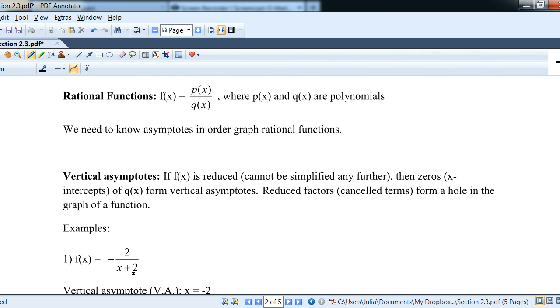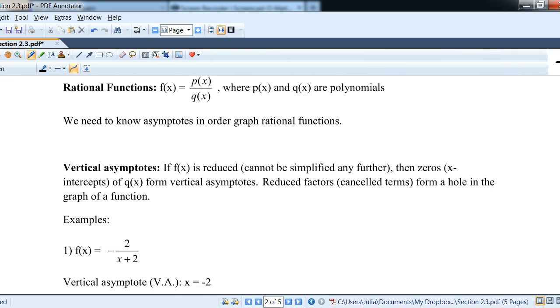So for example, if you see x plus 2 over x plus 2, then you can cancel, and the x plus 2 is not going to give an asymptote in that case. If you can cancel, you do get a hole in the graph of the function. We're going to see one example later. But in number 1, you cannot cancel, so the vertical asymptote is x equals -2. It's what makes the denominator 0.